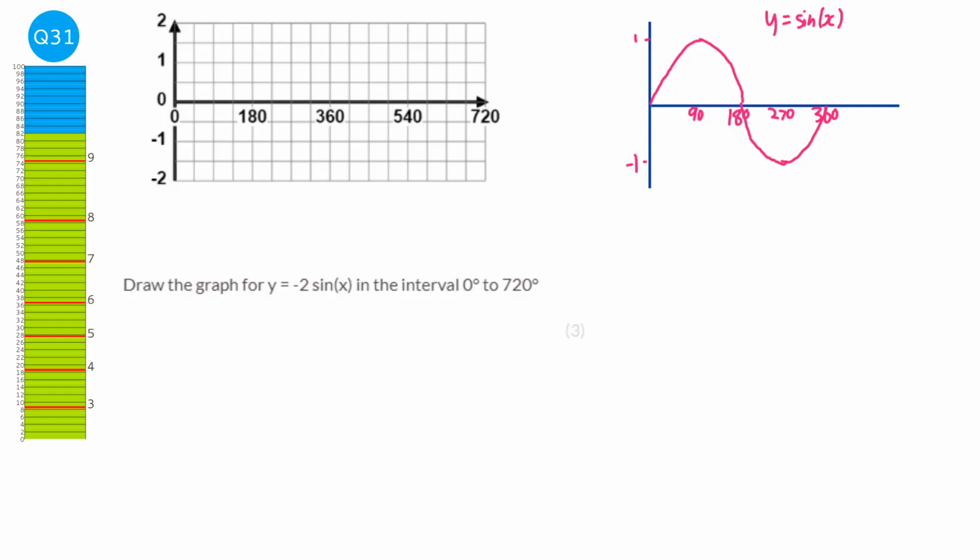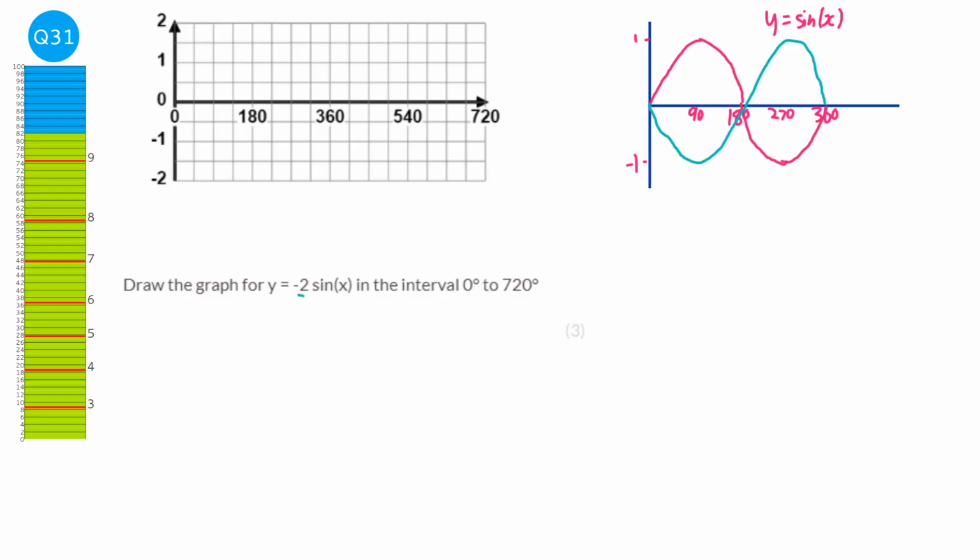So it's just a simple sketch to help us figure out what's going on with the transformed one. So first thing I notice is there is a negative here, which just means it will be flipped in the x-axis. So this would become like this.